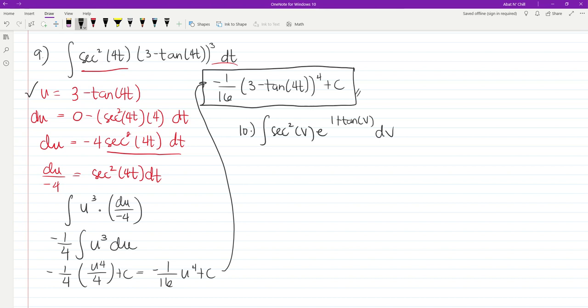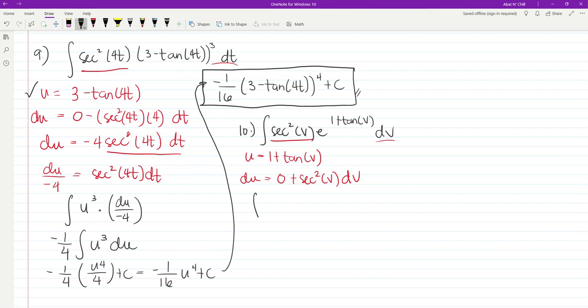Since we have secant squared v and tangent here, it's very obvious that I could choose 1 plus tangent of v as our u. Differentiate that: that would be 0 plus secant squared of v dv, which is present here. So it is very simple.